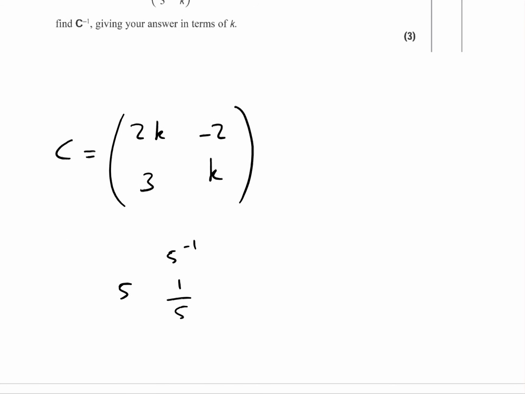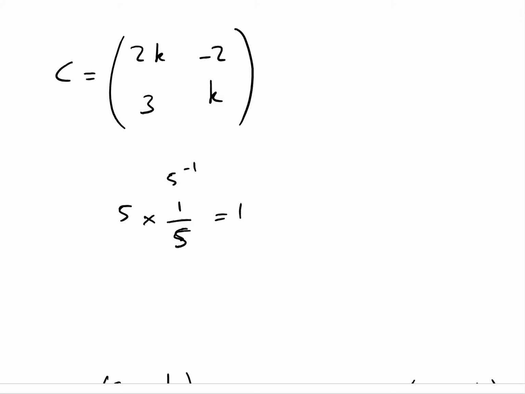The idea is that if you multiply these two things together, you're just going to get 1. The idea with matrix multiplication is if you have this matrix C and you multiply it by its inverse, then you'll get the equivalent of 1 in the matrix world, which is the identity matrix. Remember, the identity matrix is where the leading diagonals are 1 and all the other elements are 0. So this corresponds to 1.